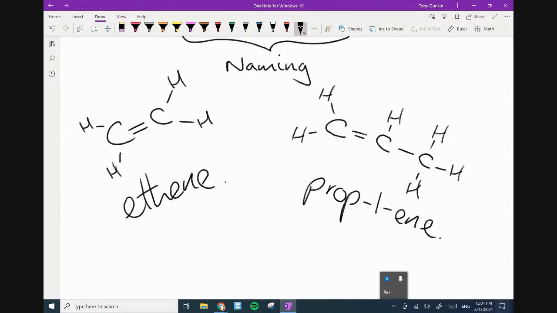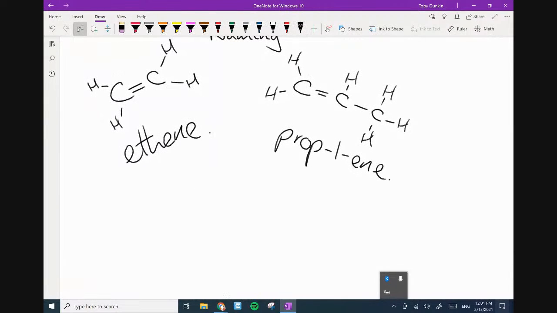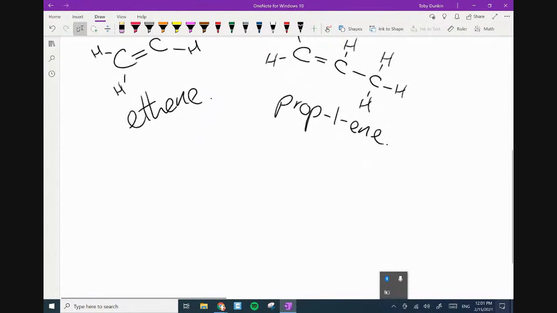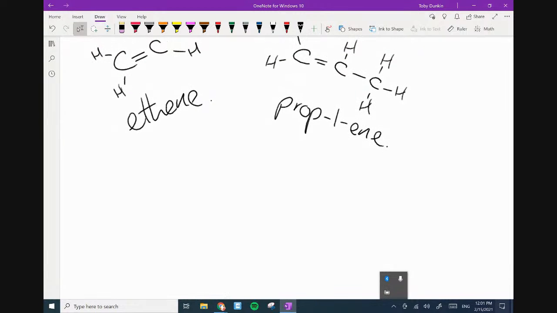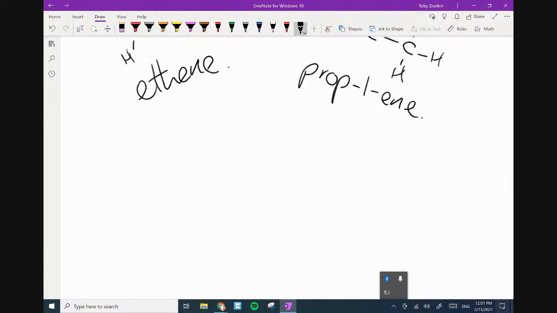The reason being is the double bond can't go anywhere else because I'll just name it from the other direction. Agreed. But in A level, the students never get good enough to know when the number really does or doesn't need to be there. So the rule is just put it in all the time and you never go wrong. Does that make sense? But it's lovely, Zach, the fact that you're considering it is awesome. I love that. Propene.